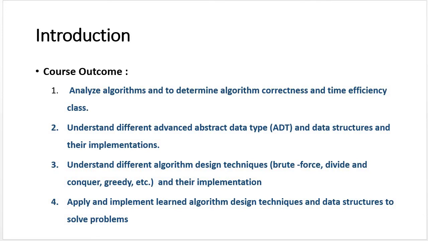Students should be able to analyze algorithms, to determine algorithm correctness and time efficiency class, understand different advanced abstract data types and data structures and their implementation, understand different algorithmic techniques and their implementation, and apply and implement learned algorithm design techniques and data structures to solve problems.